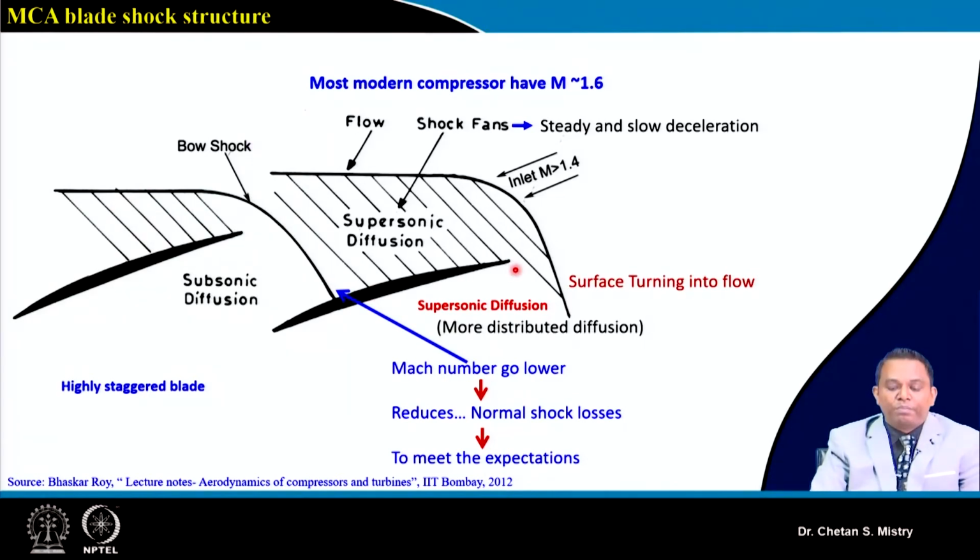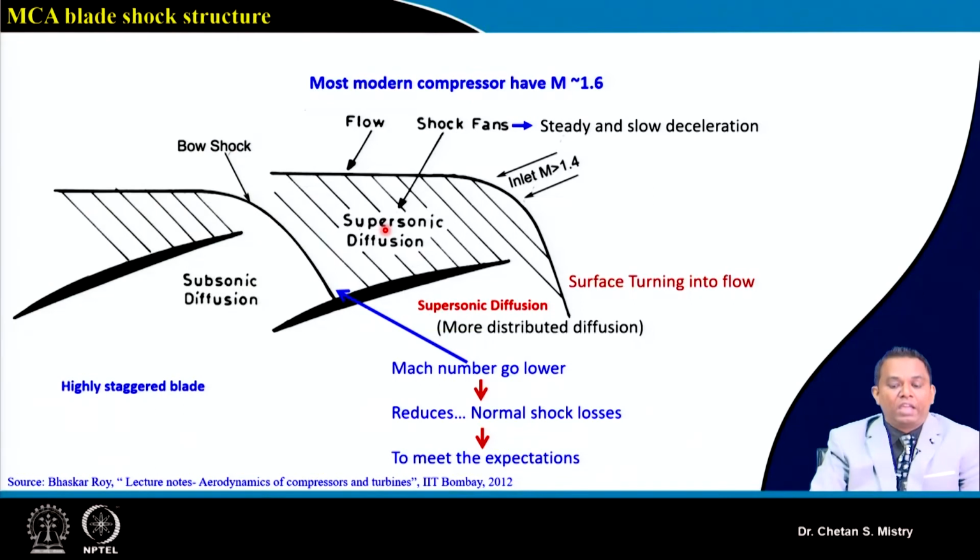Basically, this curvature for the suction surface is made in such a way that my surface is turning into the flow, and that's the reason why here we will have formation of shock fans. So these are shock fans.